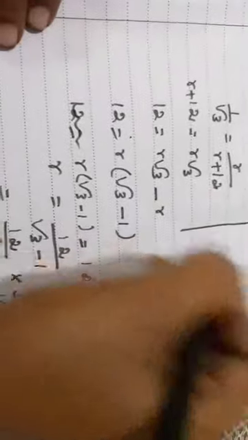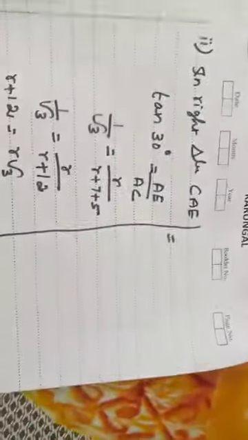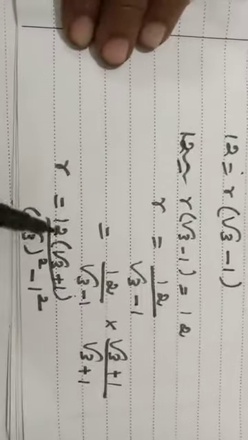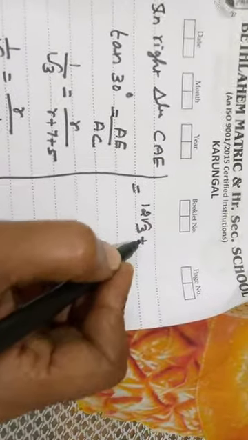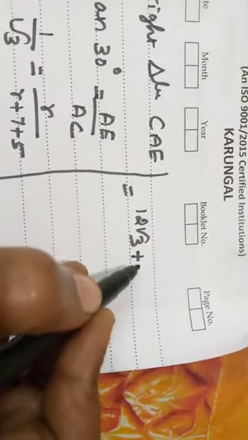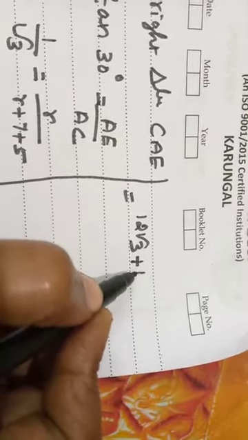So R equals 12 into root 3 plus 1, or else let it be 12 into root 3 plus 1.